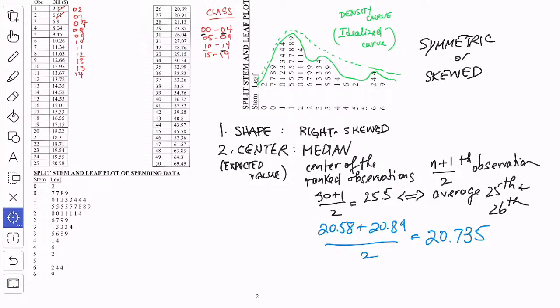I didn't use these numbers to make my calculation. So since this is in dollars, it will be the median of 20.74. Anybody see I made a mistake or comment?